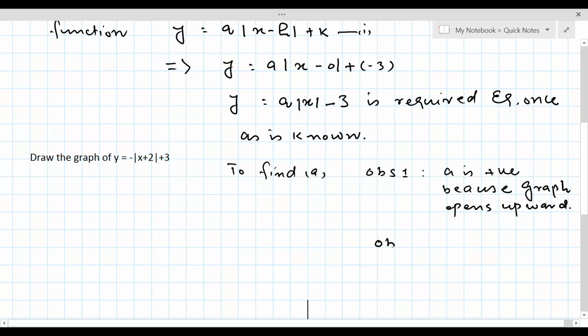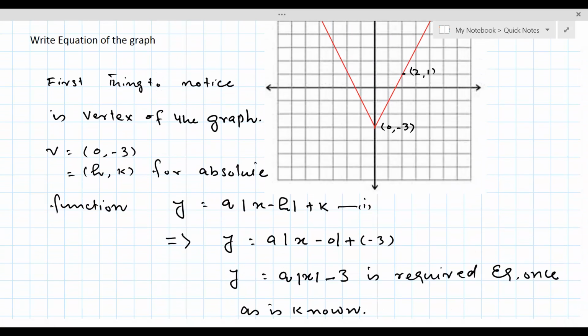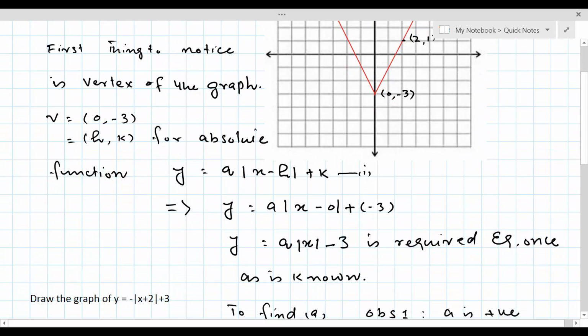Observation 2 is to find the value of a. So 1 step right, 2 steps up. 1 step right, 2 steps up.